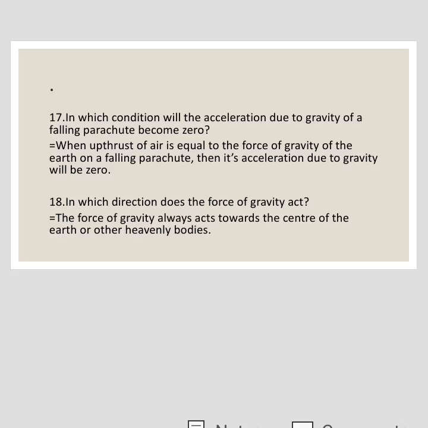Here I would like to notify you that the direction of upthrust of air is always upwards, and the direction of force of gravity of the earth on something is downwards. When the falling parachute experiences the force from both upwards and downwards, then it cannot change its state, and its acceleration will be zero.